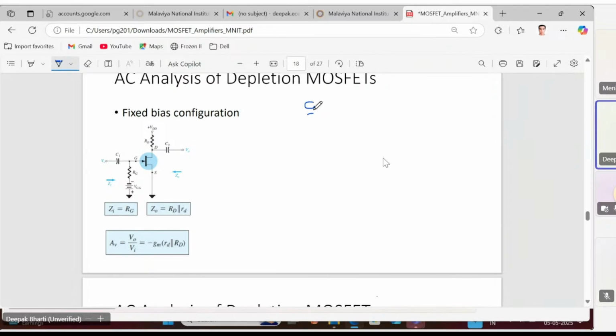It was gate, source, and on the output side was GMVGS, in parallel with RD.